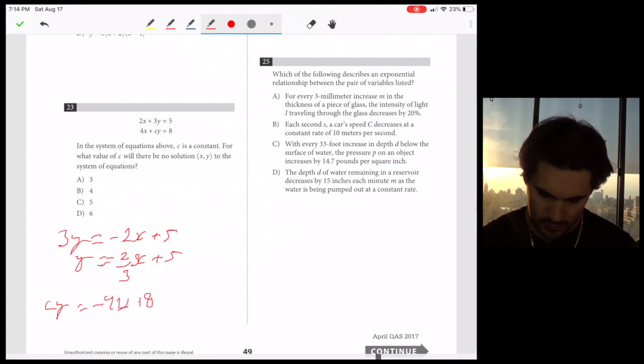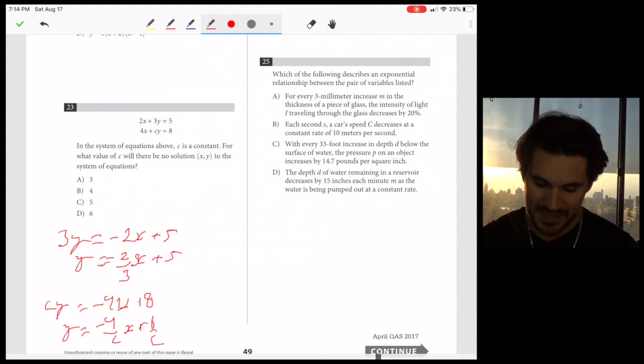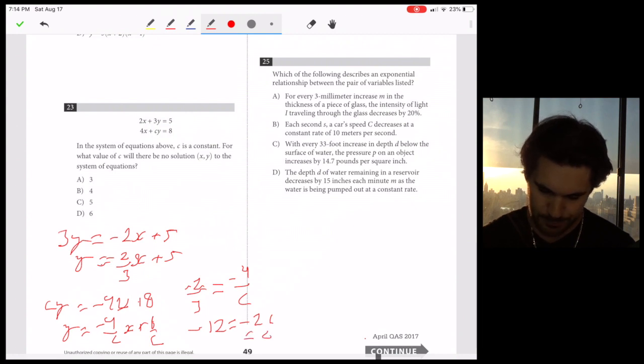So y equals negative 4 over c times x plus 8 over c. So the slopes must be equal. So we're going to set negative 2/3 equal to negative 4 over c. So therefore, cross multiply, negative 12 equals negative 2c, c equals 6.